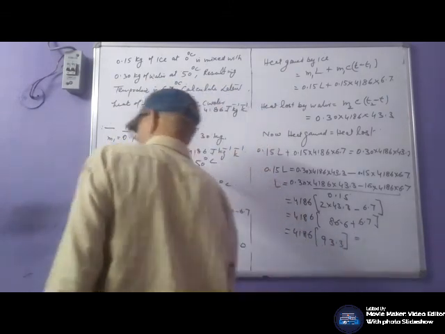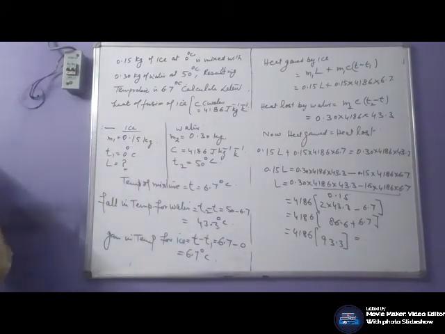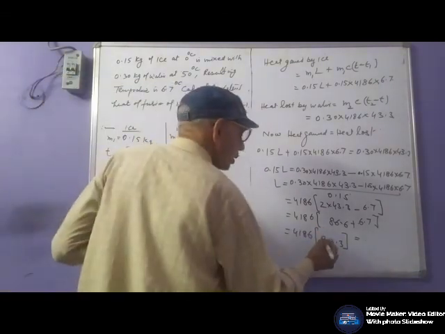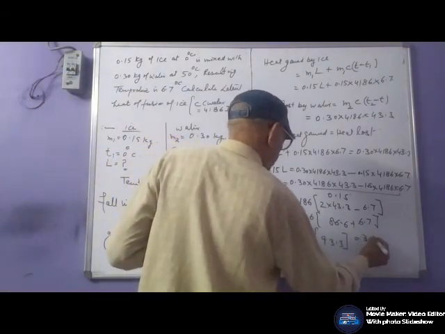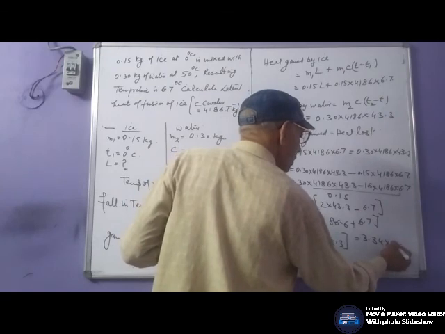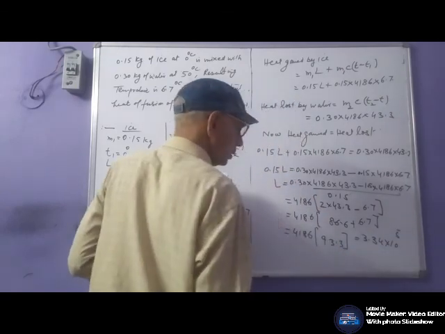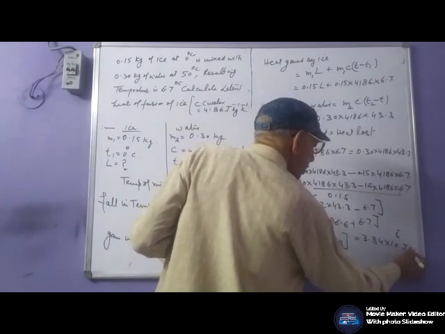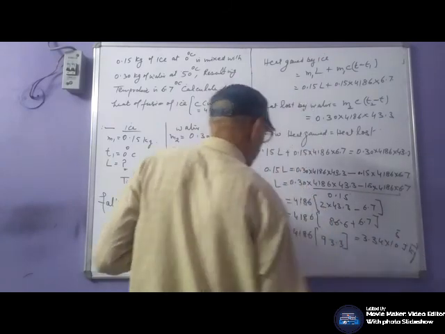Solve it. It will be 3.345 into 10^5 joule per kilogram.